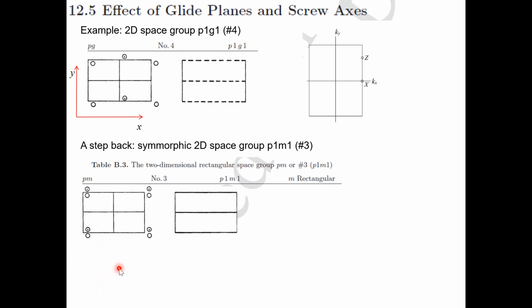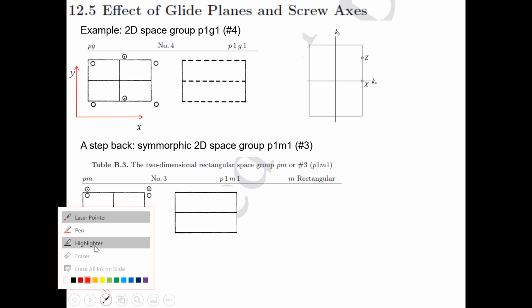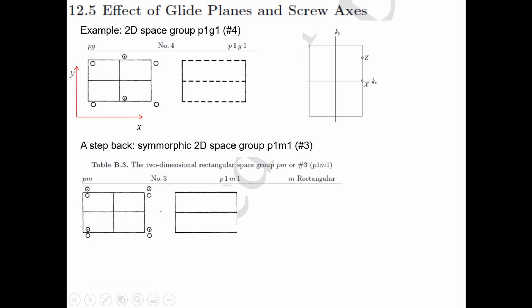And let's see what happens. We are interested in the solutions at the X point. And if you think about it, the lowest energy solutions at the X point are going to be very similar to the ones we considered for the cubic lattice. Because the rectangular and cubic are not very different if you consider only the physics along one direction.